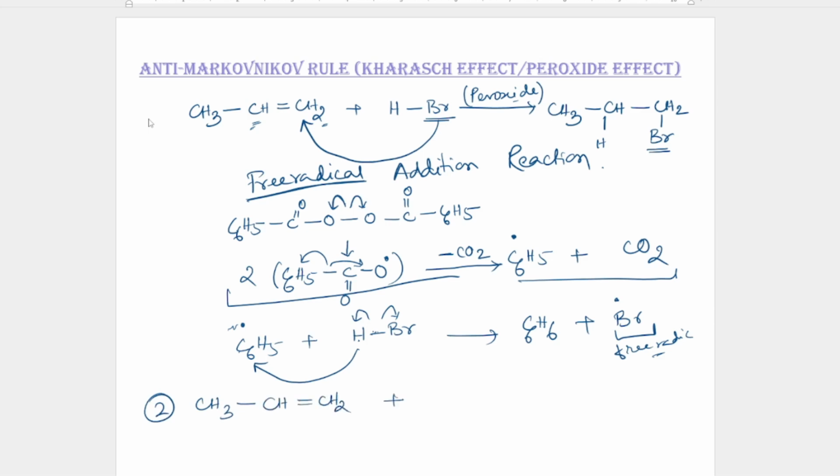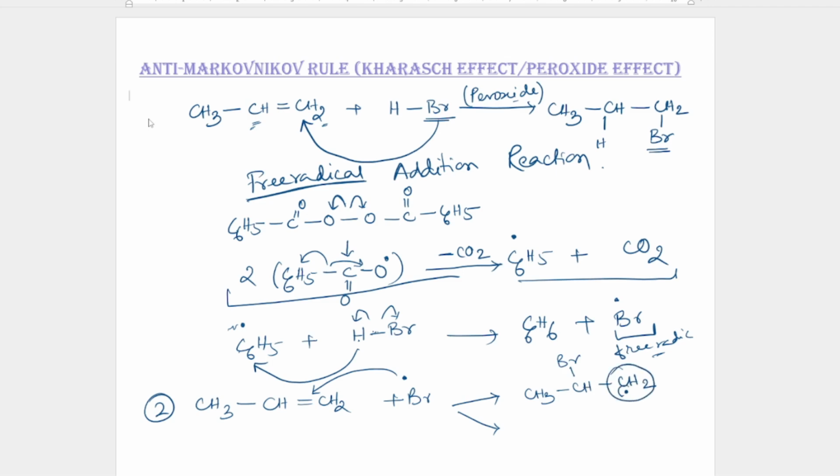The next step is that the bromine will attack the unsaturated bond. Here two free radicals can form. If bromine attacks this carbon atom, we get CH3, CH, CH2Br free radical.